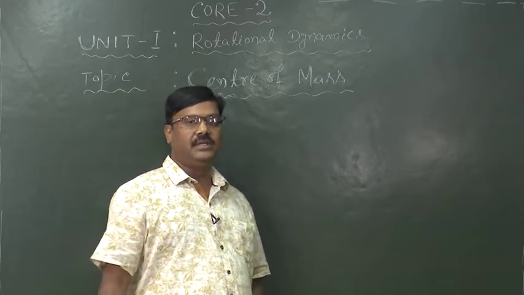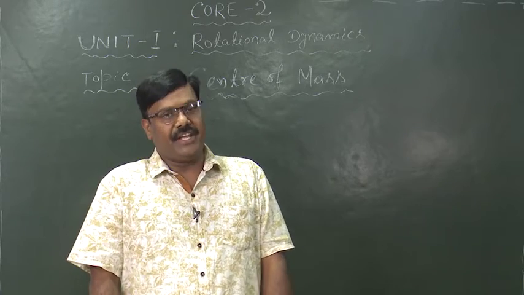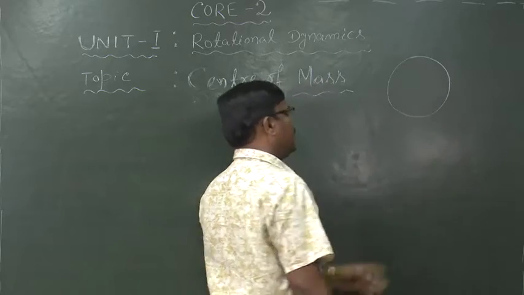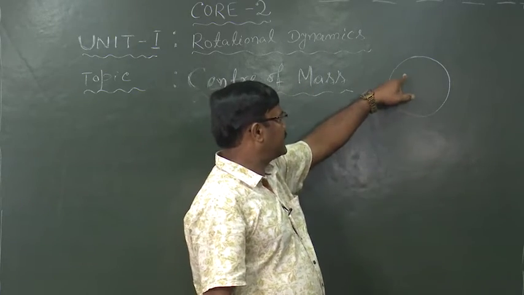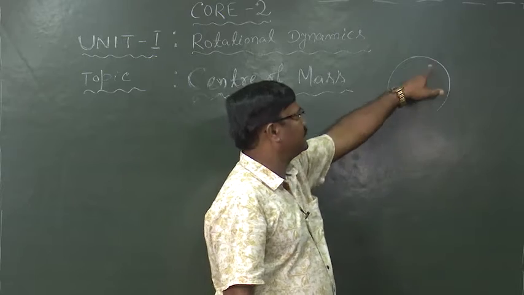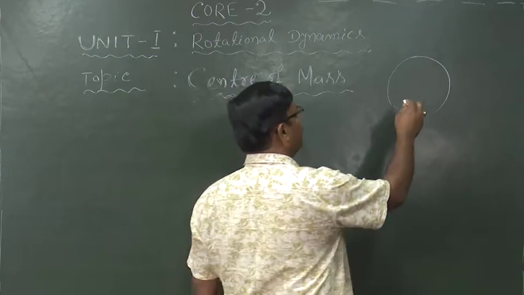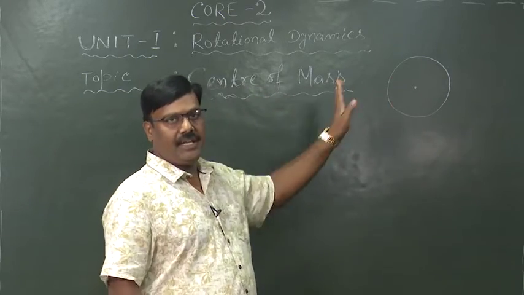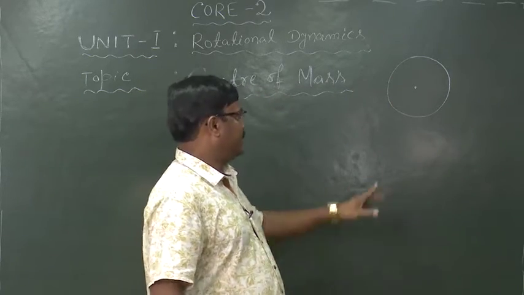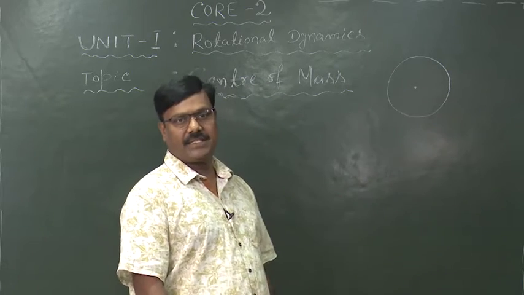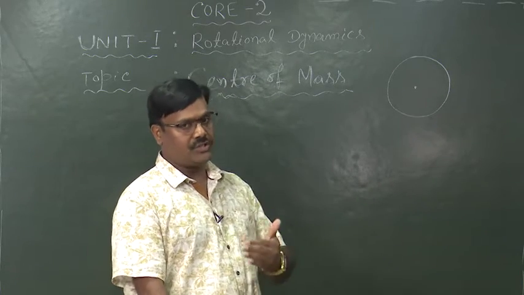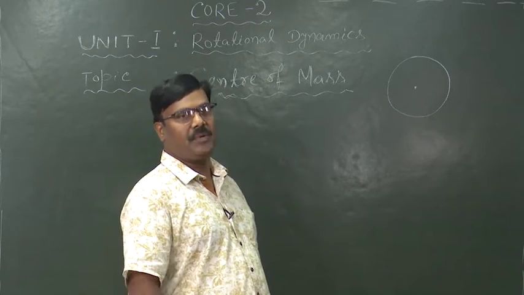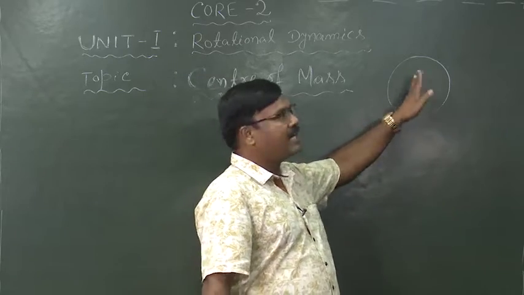For example, in case of a ring, the mass lies at its periphery, but its center of mass lies at the center of the ring, where there is no mass physically present. So the position of the center of mass is outside the ring material.